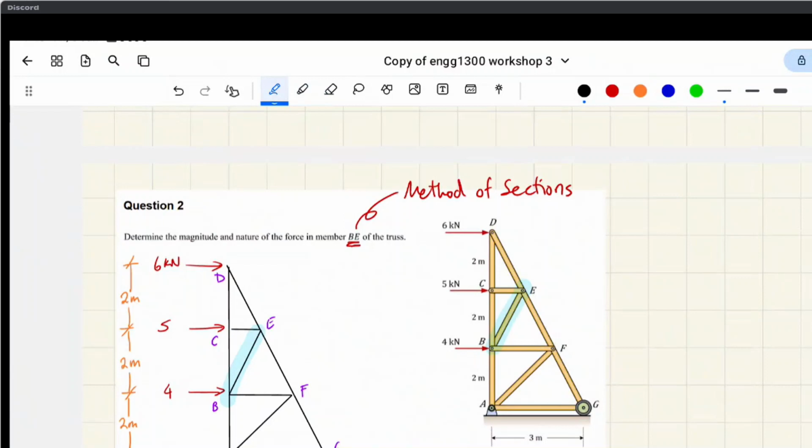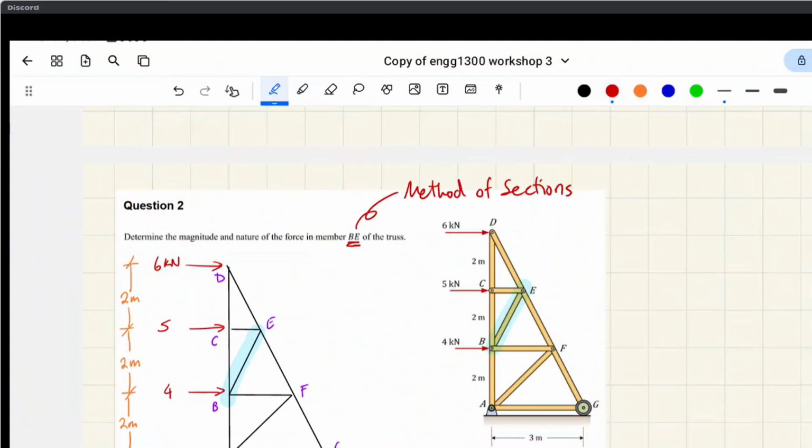Next, you want to think about, do I want to solve my support reactions, or which support reactions do I actually need? One way to answer that is, where am I going to make my cut? Because from method of sections, you need to make a cut, and you're going to draw a free body diagram of the section.